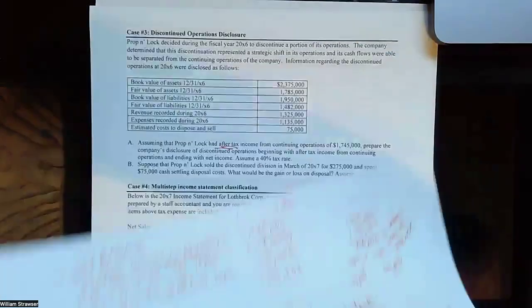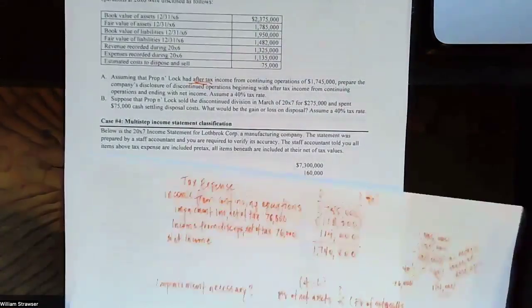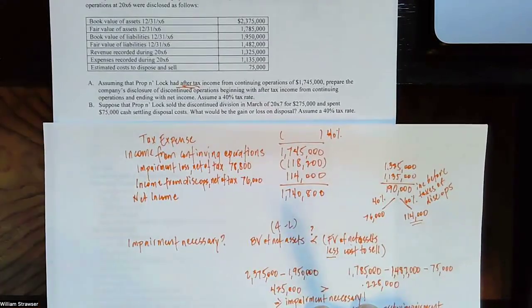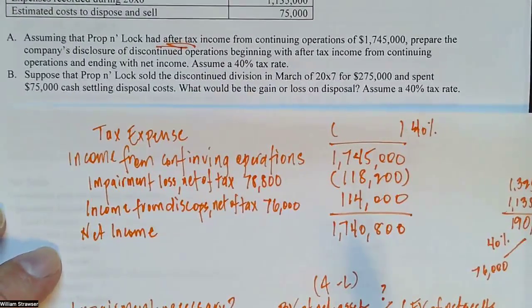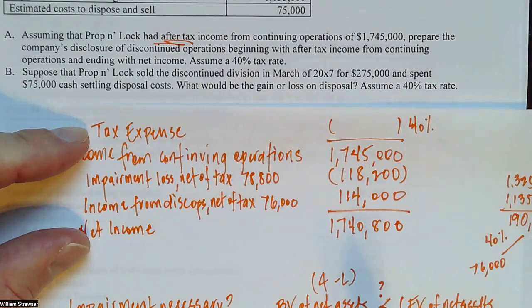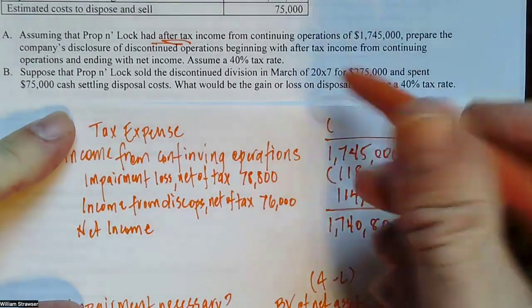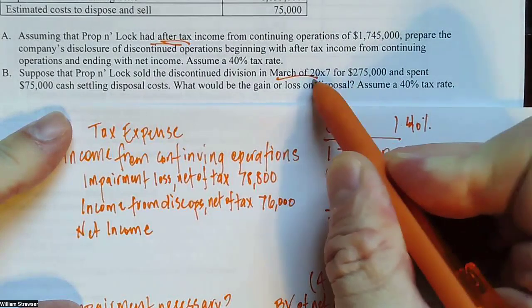Now, moving on to part B. It doesn't ask us to prepare a disclosure, so I don't have to go through any of this. All it's asking for is what would the gain or loss on disposal be? Assume a 40% tax rate. So now we are in this next year, right? So you got to be careful.